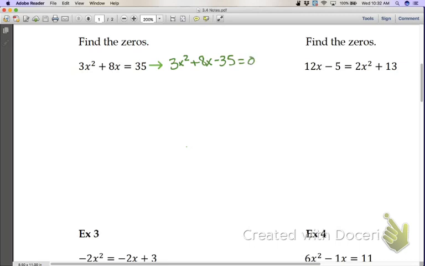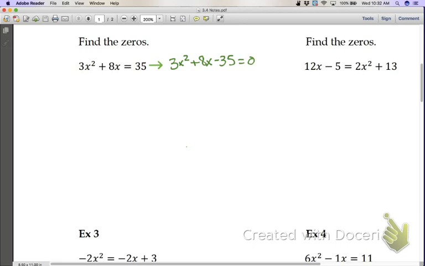Okay? I want to zero everything out. I'm looking for the zeros. Zeros is just another term for the solutions or the intercepts of my graph whenever we actually do graph it.